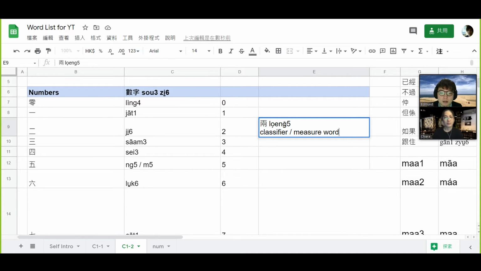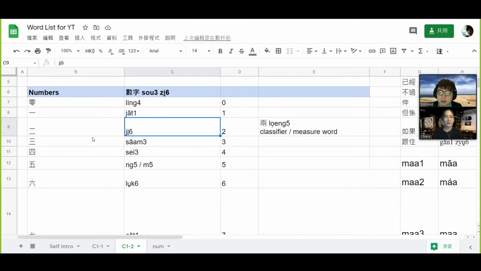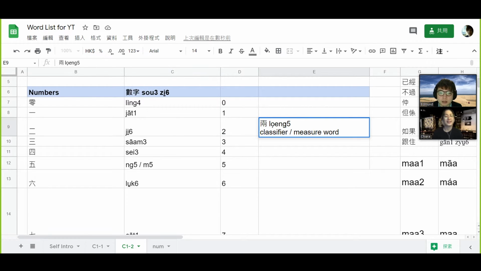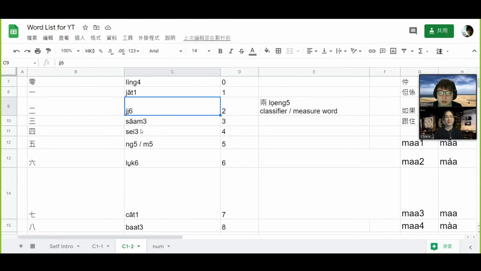It will be pronounced as leung. Leung means 2 also. But when it is written as a digit, as a number, then it's yi. But whenever you are counting things, you say leung. Only for 2. Other numbers don't have this. And for 3, we say saam, a high tone.